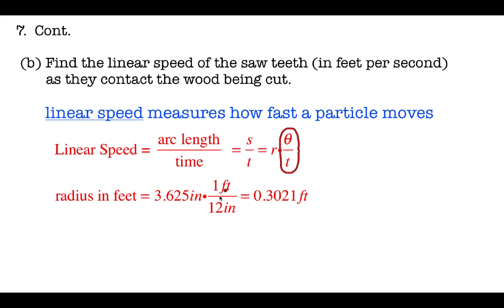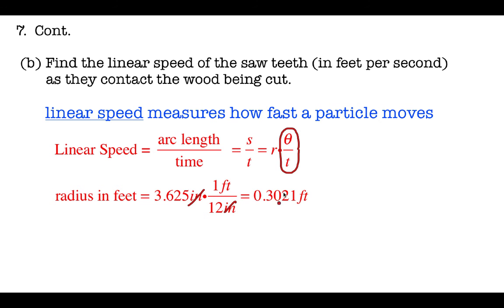We write a ratio, 1 foot over 12 inches. The units go away, and we end up with this many feet as the radius of the blade. And notice in the problem they also give you the diameter, so you have to divide that by 2. 7.25 divided by 2, and that's how we end up with this.